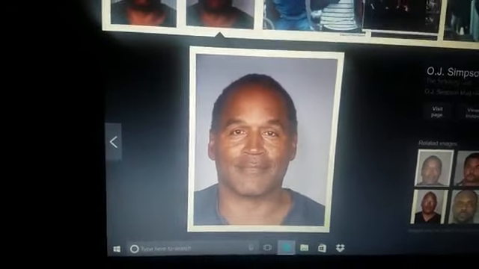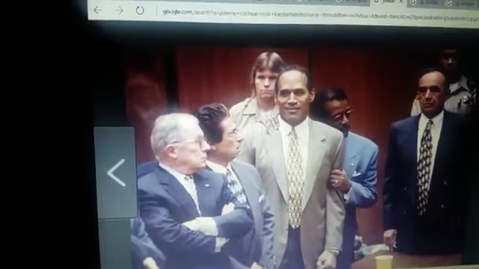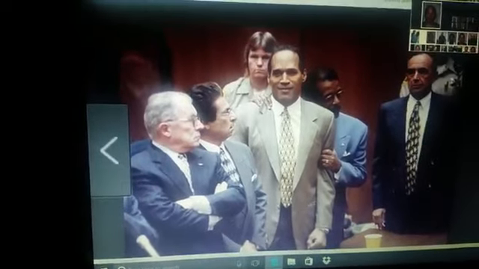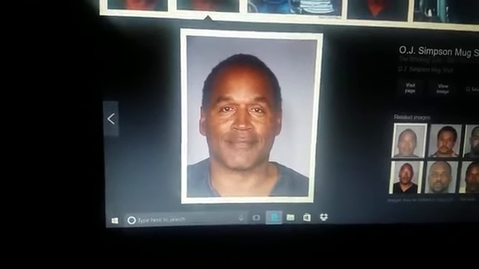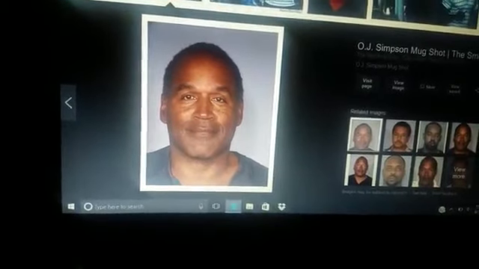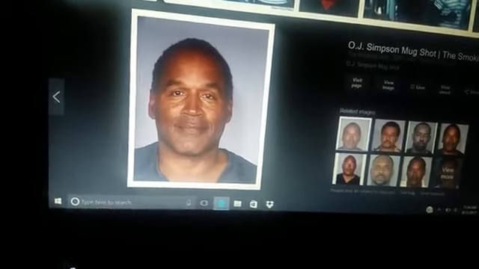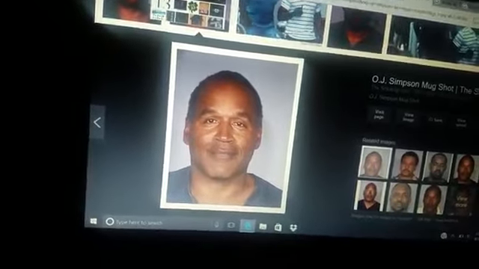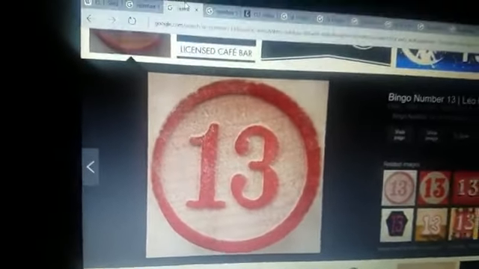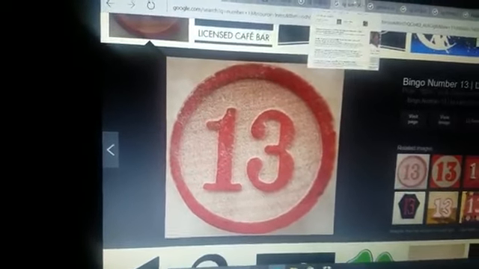So he was acquitted in 1995, and then he went back to court in 2008 and went to prison. So from the time in between him getting off in 95 and him going to prison in 2008, that was a 13-year span. That was a 13-year span, ladies and gentlemen.